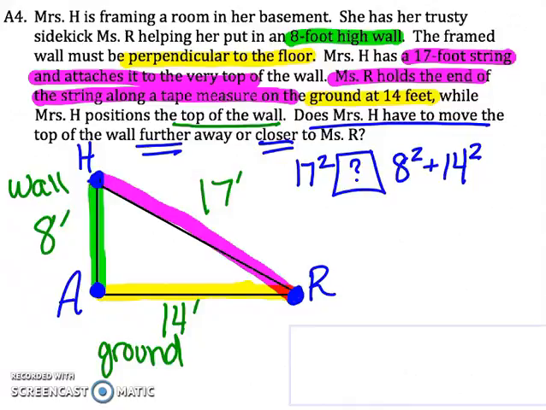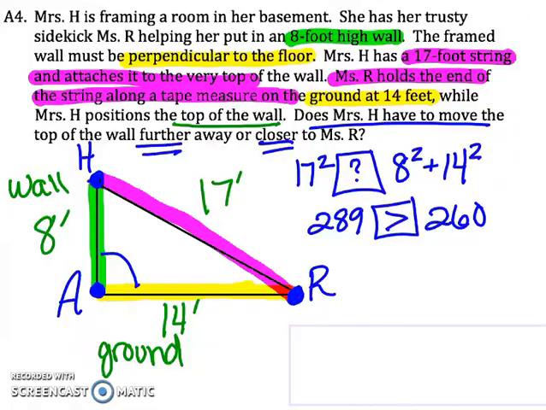If it's equal to, then I know that my wall is positioned correctly. 17 squared is 289. 8 squared plus 14 squared is a total of 260. So 289 is greater than 260. Since this side is greater, that means that angle is an obtuse angle.